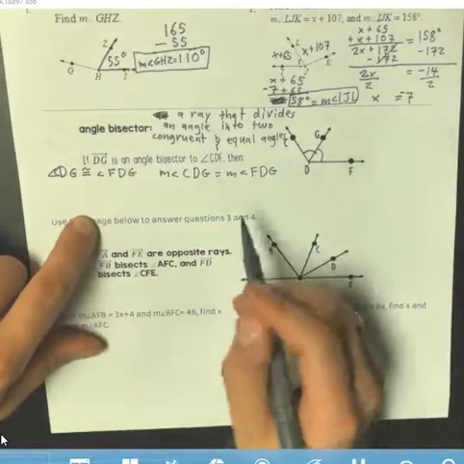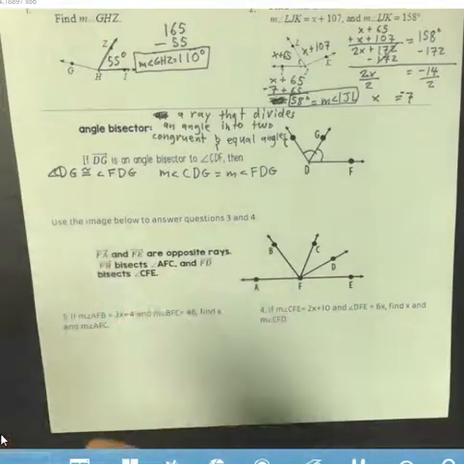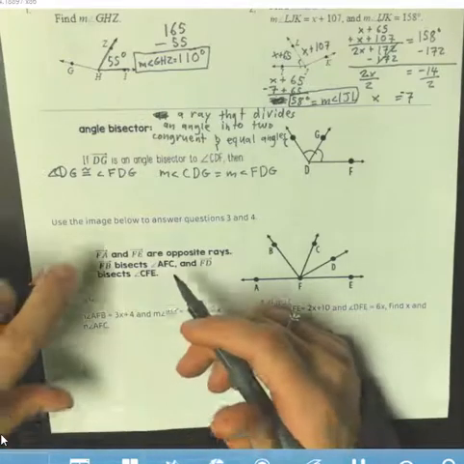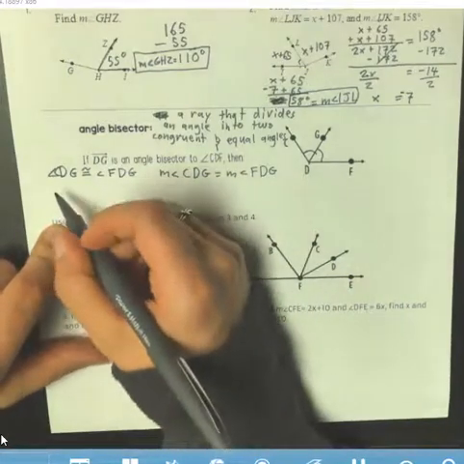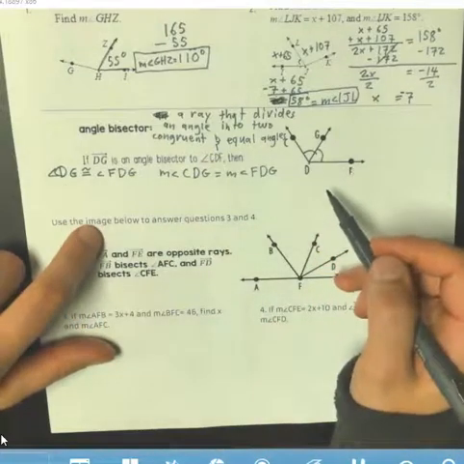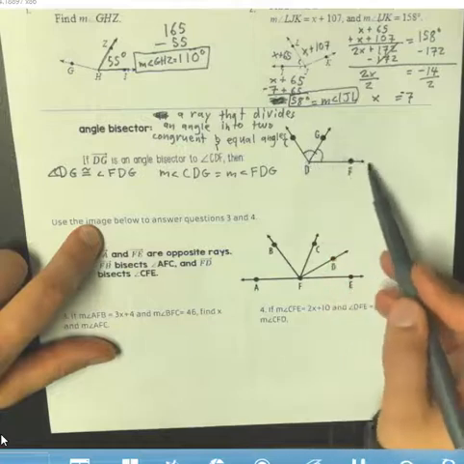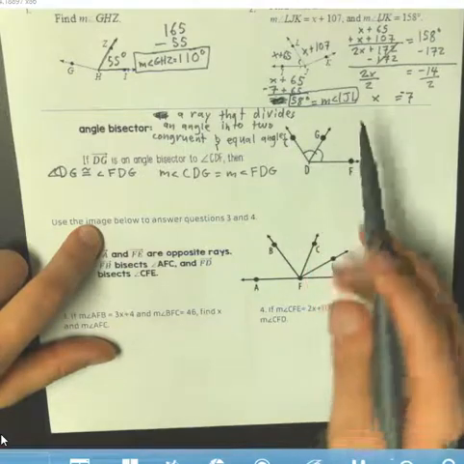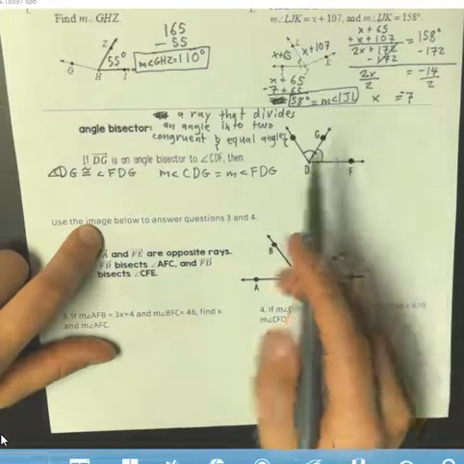The difference between the equal and the congruent is that congruent talks about the shape in general, and the measure is a number. Okay. So, measure of angle CDG is 1/2 of CDF. So CDG right here, and CDF is this big one right here. So this one is the bisector, so it cuts that in half.